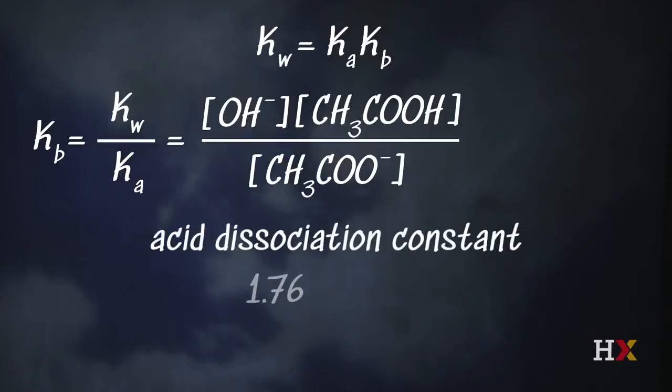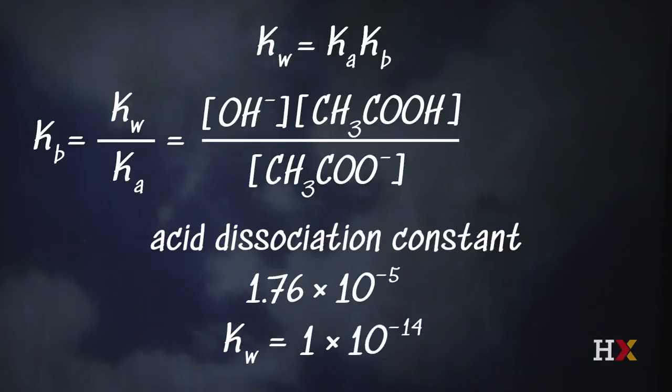Remember, that was 1.76 times 10 to the minus 5, and my autoionization of water is 1 times 10 to the minus 14. So I can insert that into the expression and immediately calculate the appropriate equilibrium constant for this, which is equal to 5.7 times 10 to the minus 10.